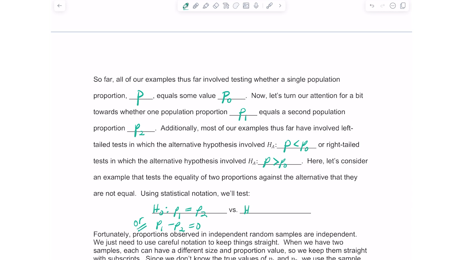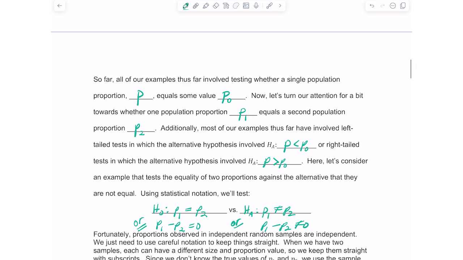The alternative, on the other hand, is not equals: p1 doesn't equal p2. So we're saying that the population proportion from population 1 does not equal the proportion in population 2. Another way you can write that is p1 minus p2 does not equal 0. That means there is a difference between the two proportions.